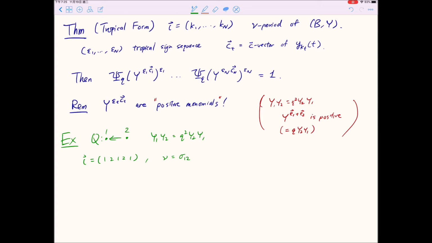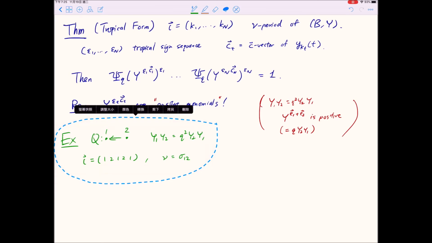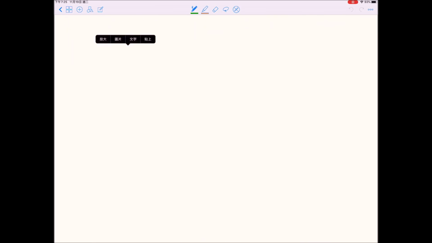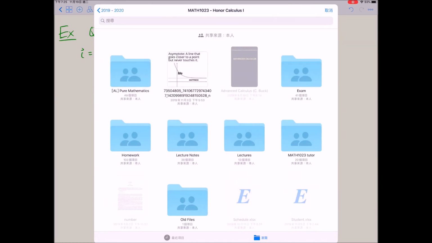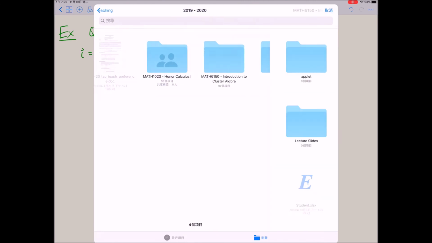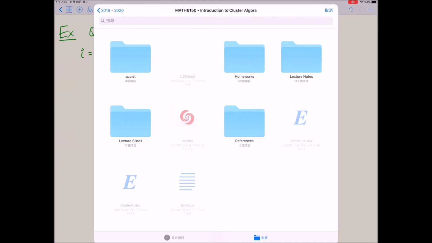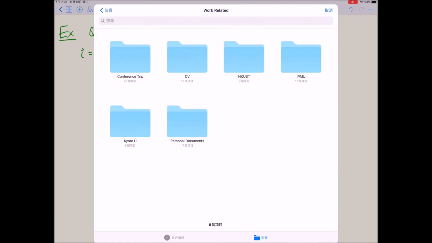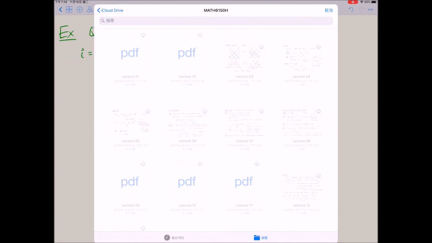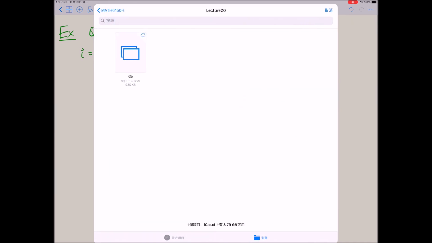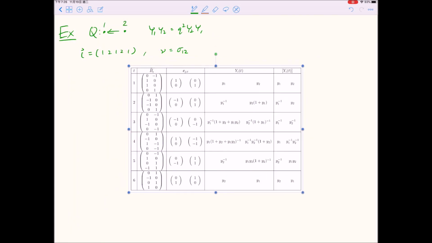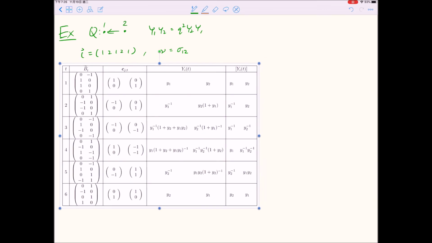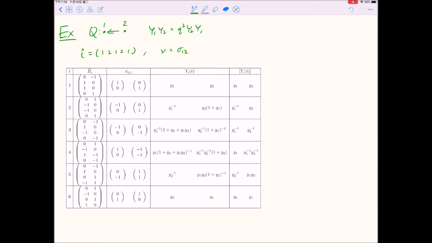So if you look at the C vectors or our expression here, then remember the sign is just the sign of the C vector.